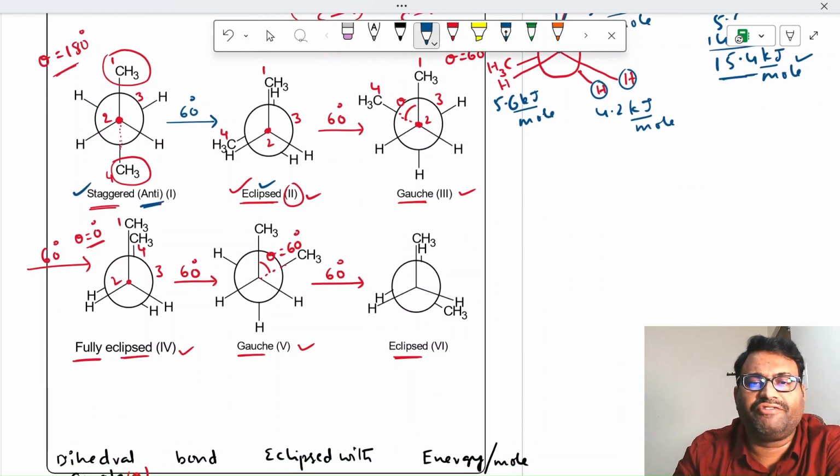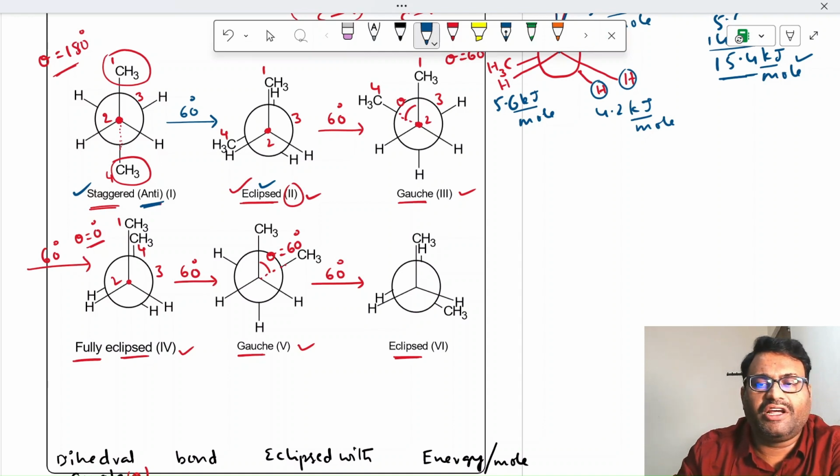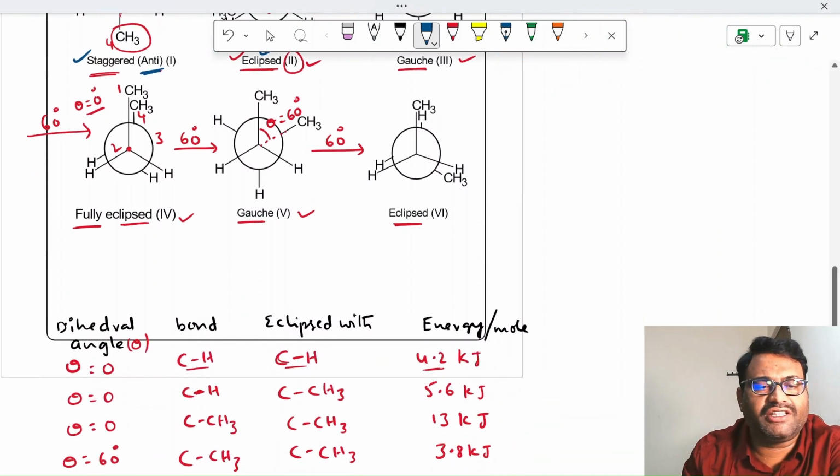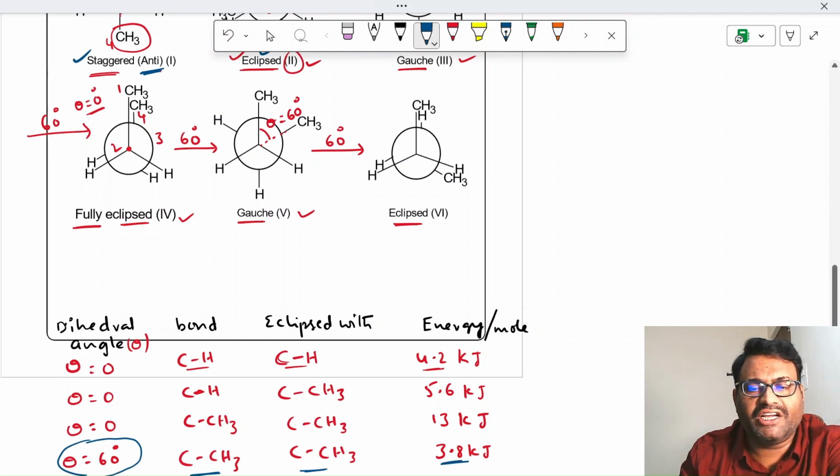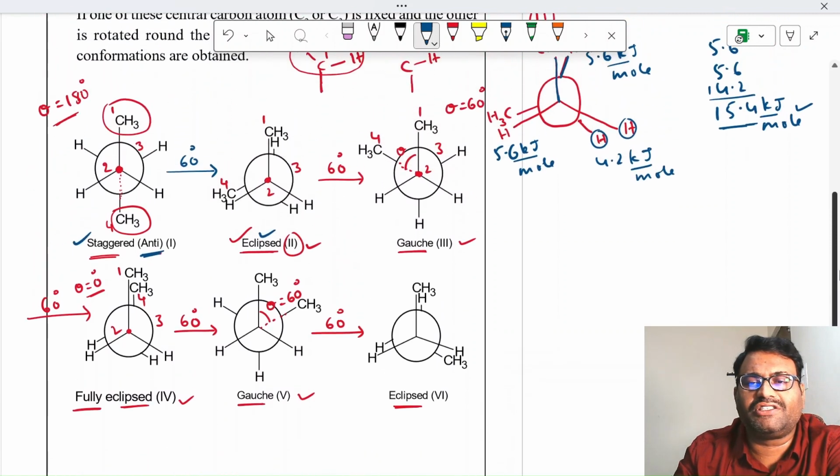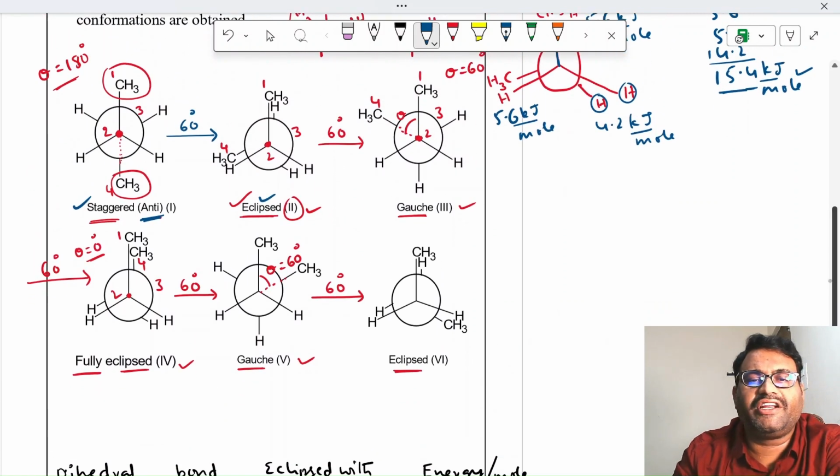In the gauche form, you can see CCH3 and CCH3 at 60 degrees. How much energy is increased due to repulsive forces? 3.8 kilojoule per mole.